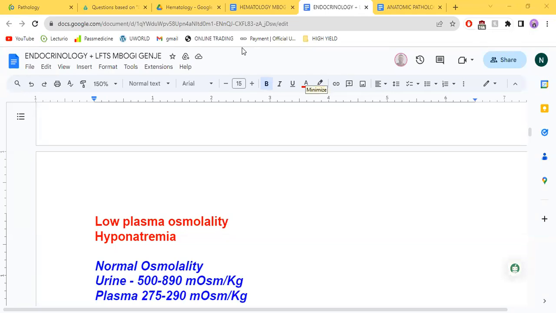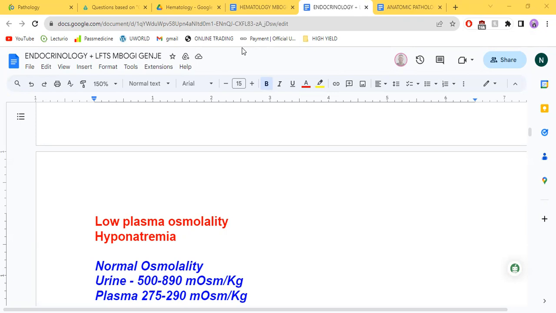Imagine if you have a head trauma. Surgery is also a good answer. CNS surgery, a tumor, yes. The tumor can press on the pituitary, leading to increased production of ADH, yes.